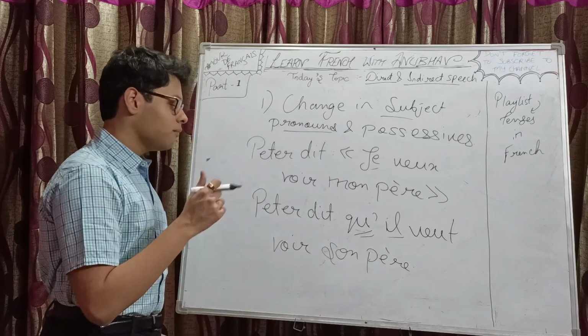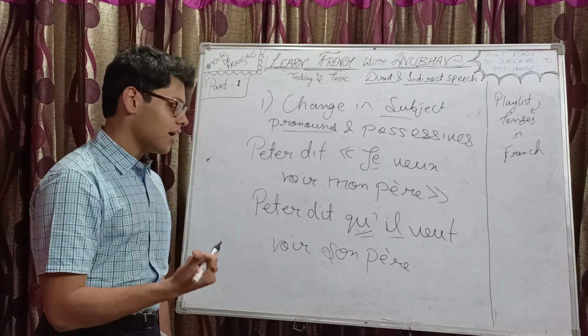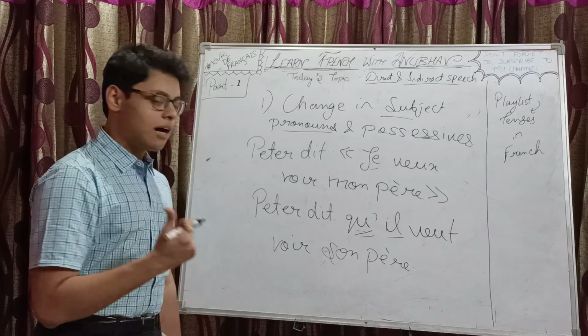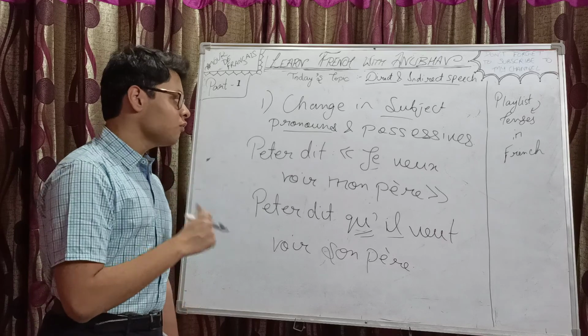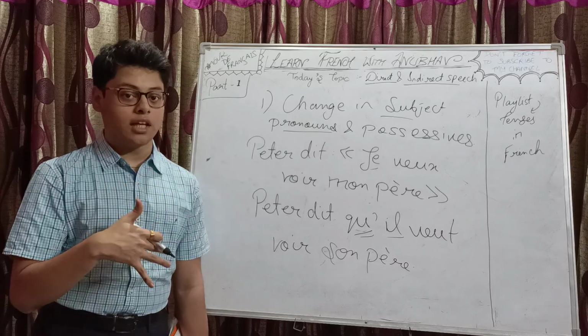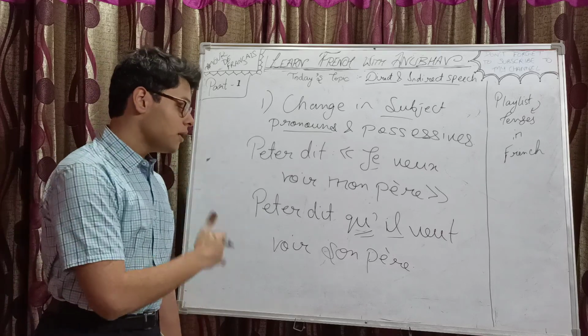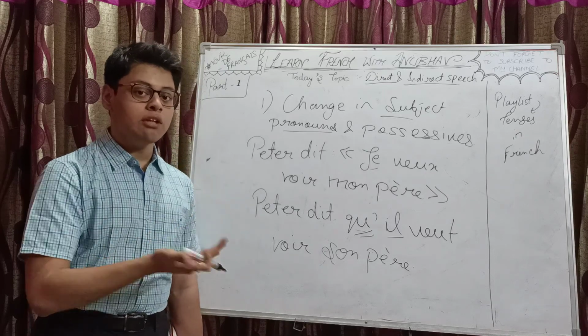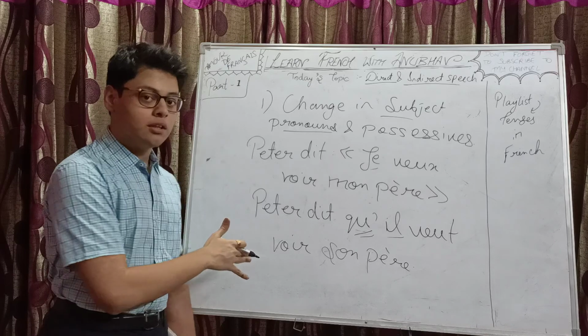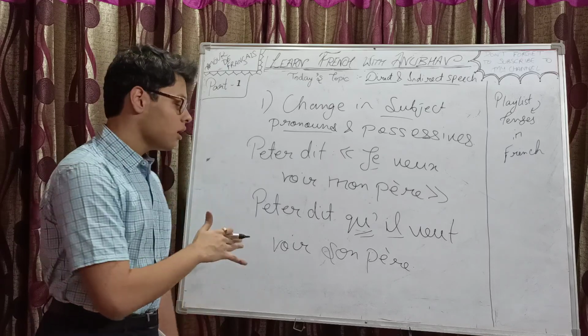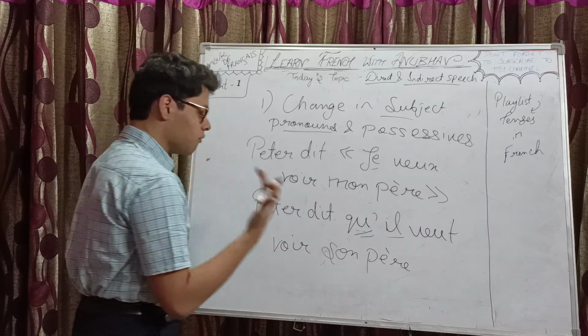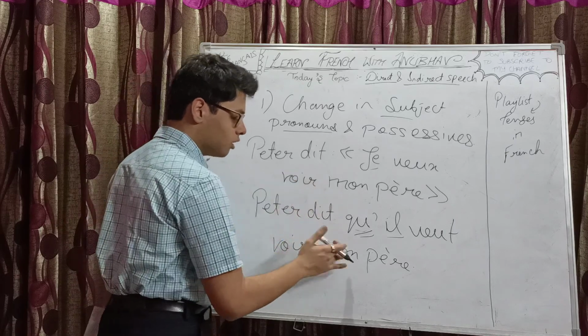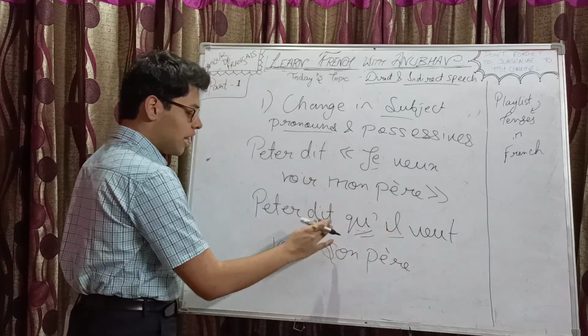Think of it. Peter said that I want to see my father. Now that would mean that you're talking about yourself, if you're saying so. Like, Peter said that I want to. Right, that would mean that you're talking about yourself. You're not talking about Peter. So when you're putting that, it should be he after that.